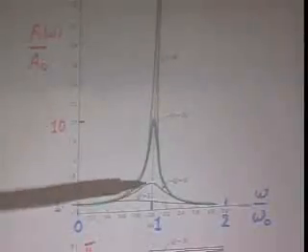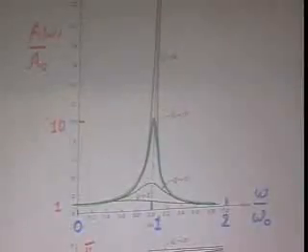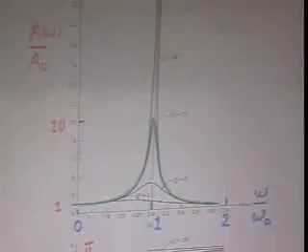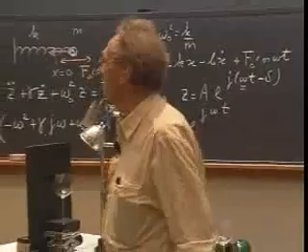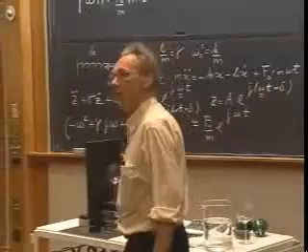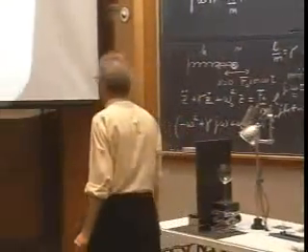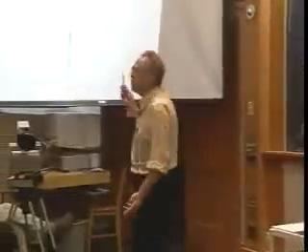If you look at the one that has a mark Q equals 3, which is this one, if you look very carefully, you may see that the maximum A is shifted slightly below the value 1, which is omega 0. But even for Q equals 3, the difference is insignificantly small.